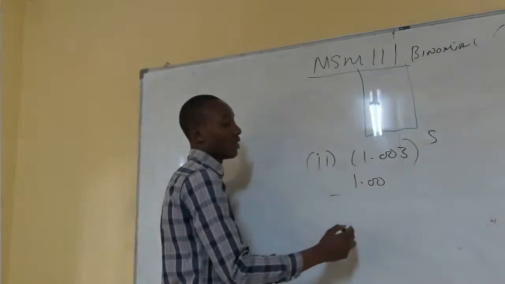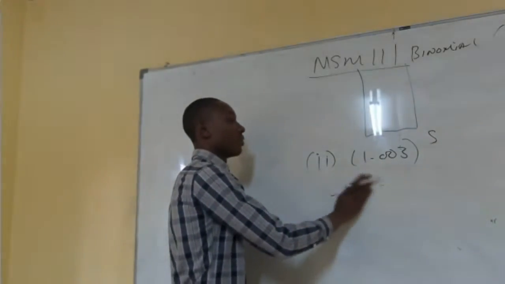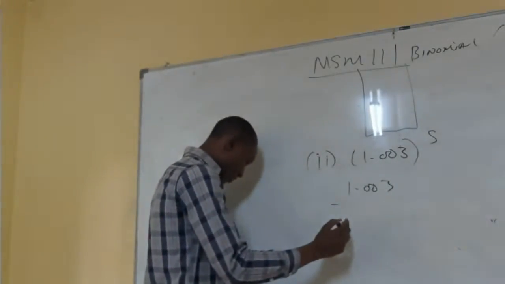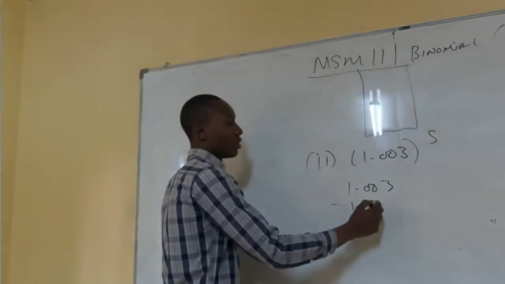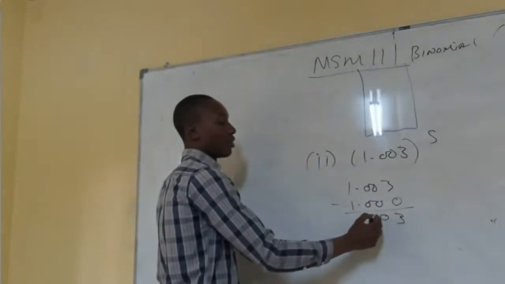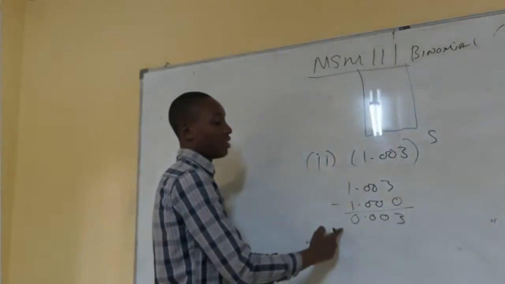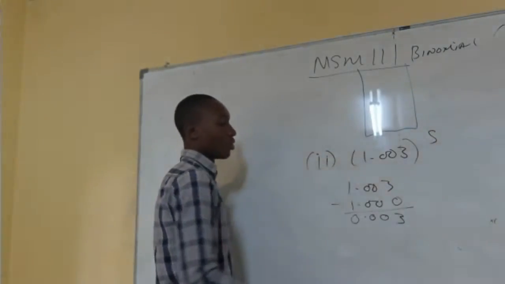Here we are going to subtract: 1.003 minus 1, so we have 0.003. So meaning they must have added 0.003 to 1 in order for them to get 1.003.